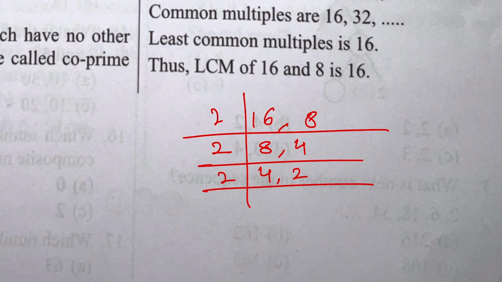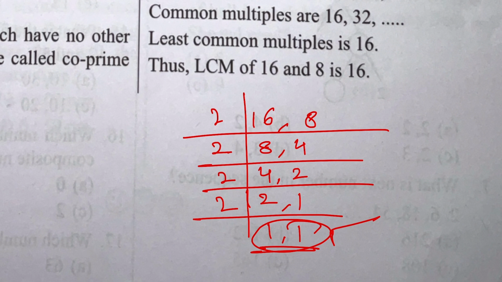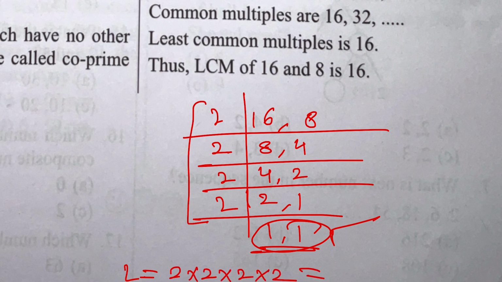Again 2 2s are 4, 2 1s are 2, until we get 1. Again 2 1s are 2, and here we are getting 1. Now we will stop. So 2 multiplied by 2 multiplied by 2 multiplied by 2. So what is the answer? 16 is the LCM.